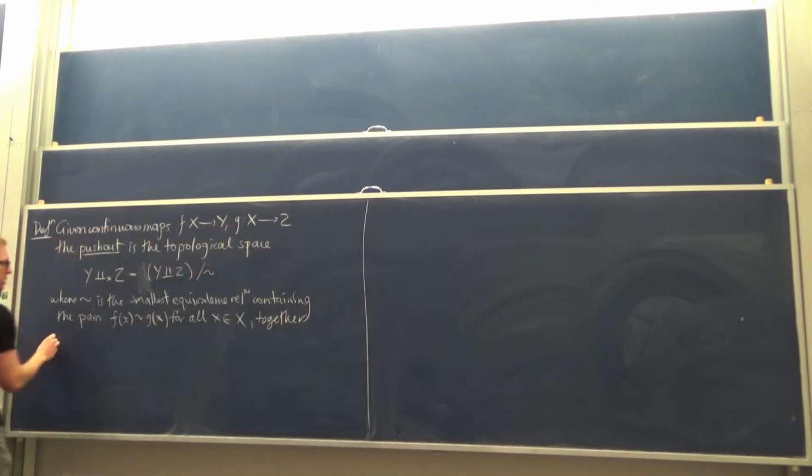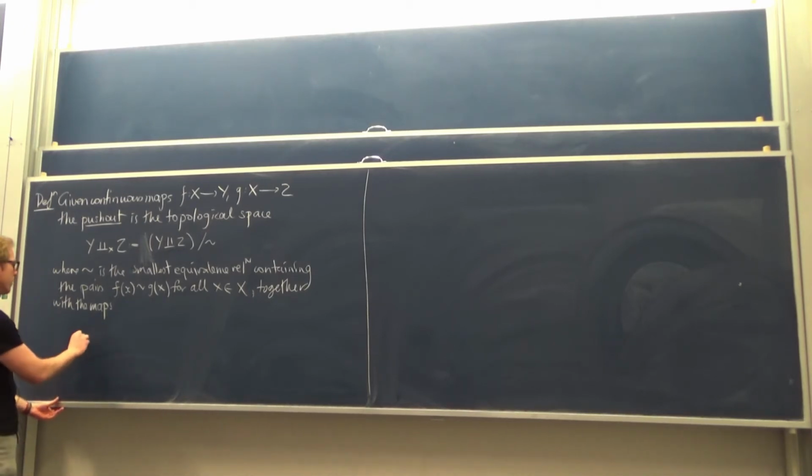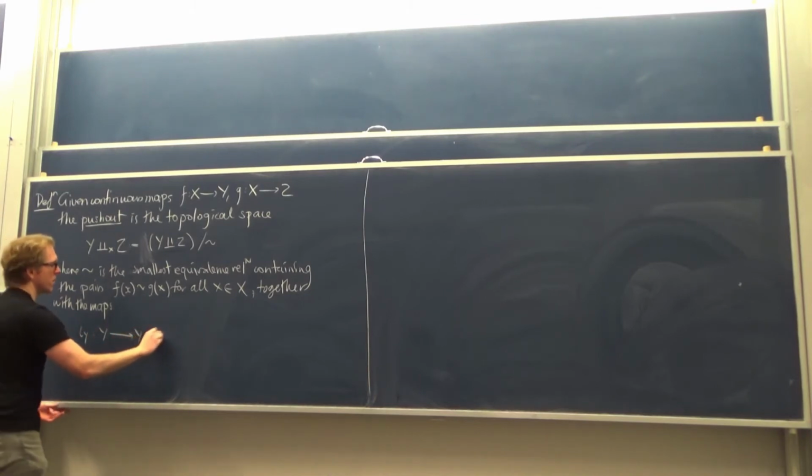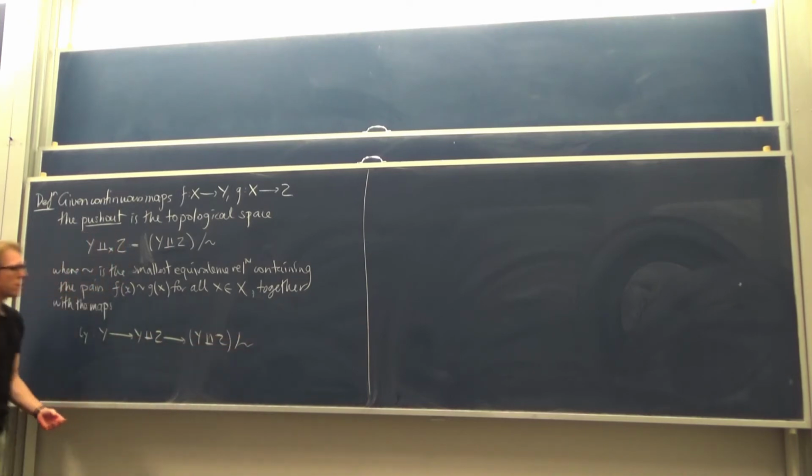Together with the continuous maps, what do I call them here? There's a map from Y to the disjoint union and then to the quotient.